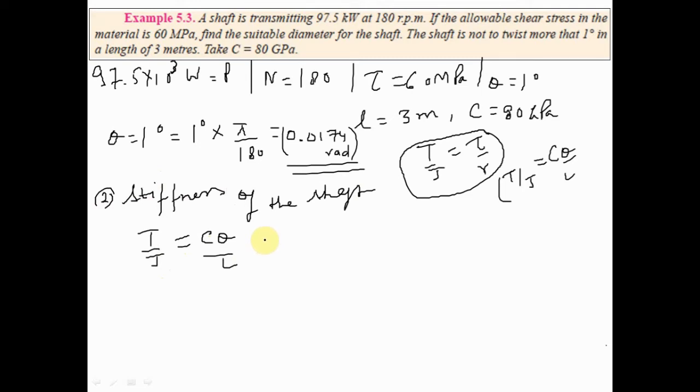L you know, 3 meters. C you know, 80 gigapascal. Then from here you can find the value of d.